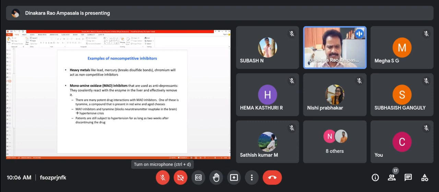Okay, monoamine oxidase inhibitors and tyramine block neurotransmitter reuptake in the brain, so it causes hypertensive crisis. Patients are still subject to hypertension for as long as 2 weeks after discontinuing this drug. Okay, so these are the side effects I want to mention here.